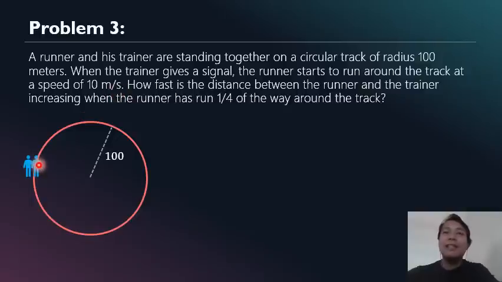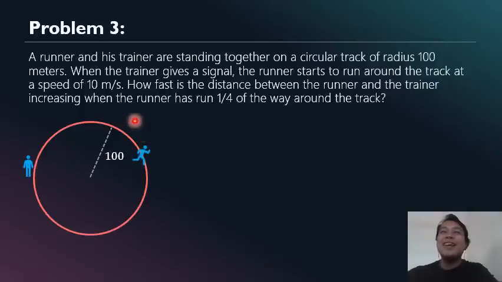So, this guy will actually run along the circular track. At what speed? At 10 meters per second. Halimbawa, sabi nung trainer, go! Ayan, umandar na siya, tumatakbo na siya ngayon sa bilis na 10 meters per second. Dire-diretso lang. So, hanggang dun ko lang nilagay yung animation.